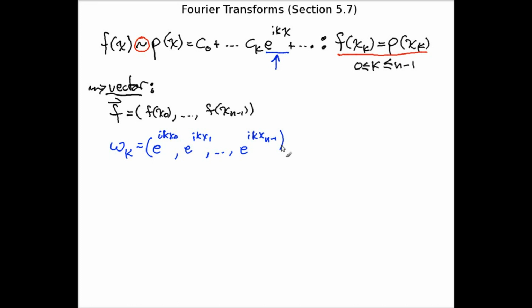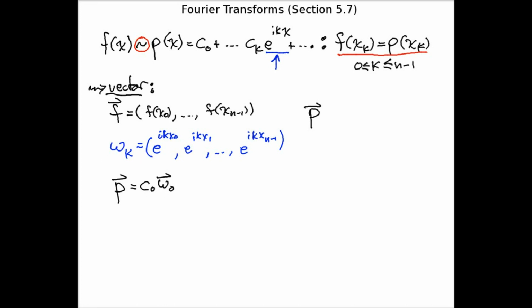And if you evaluate the right hand side, if you look at this vector p, it is where you evaluate this function at all of the xk's. Well, you see that p is going to simply be c0 omega 0.